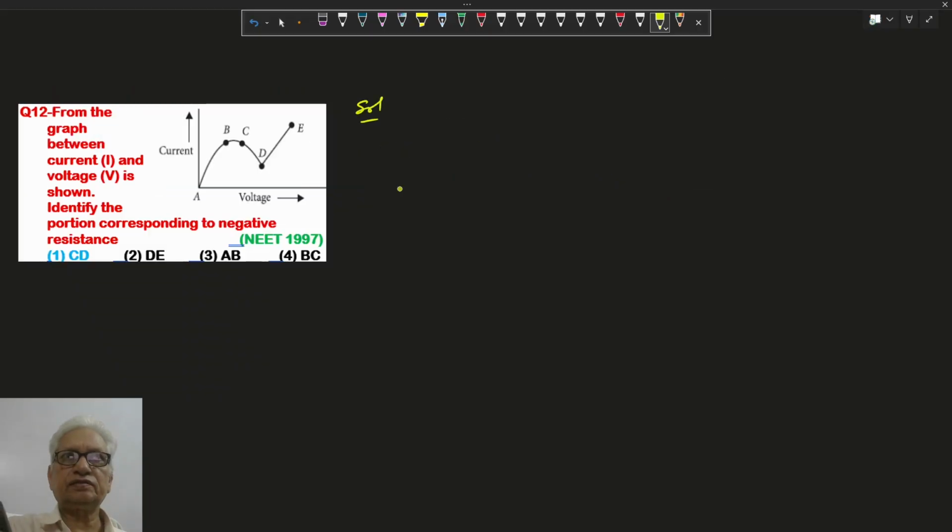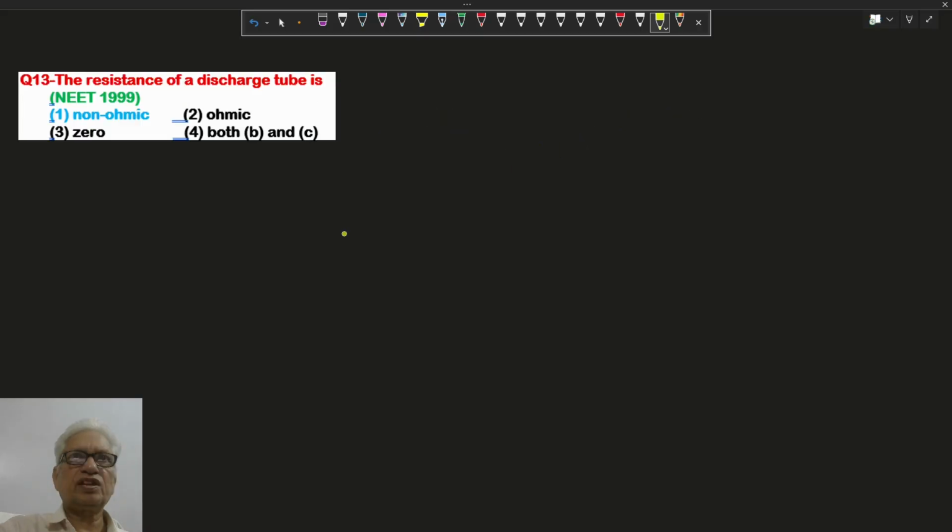In this question you have to find out the negative resistance. The slope is negative only for part of the graph, so the correct one is here.